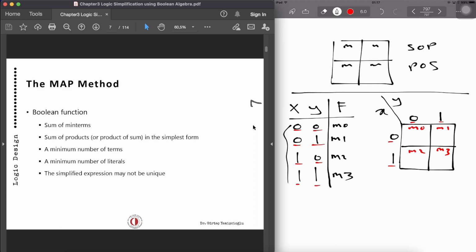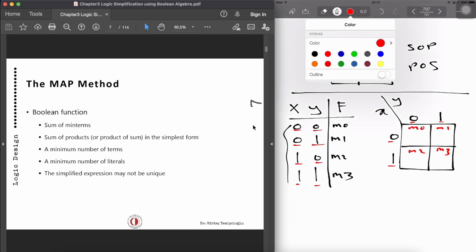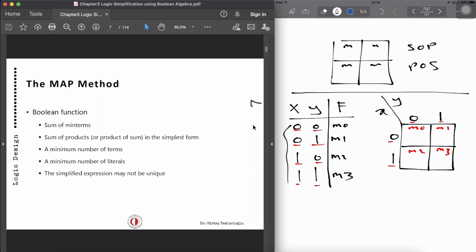This is how we get the details from the truth table or from an algebraic expression and map it to the K-map. So we can say that this is x prime y prime. This is x prime y, where x is 0 and y is 1. This is x y prime, and this is x and y.